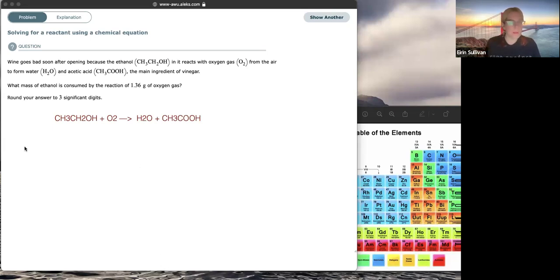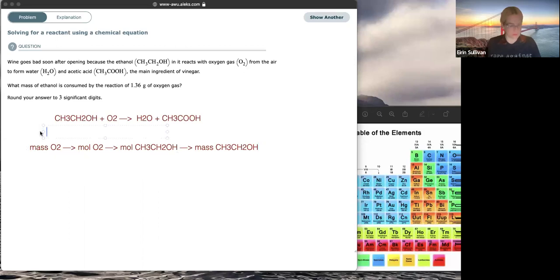So our plan then is we need to go from mass of O2 to moles of O2 to moles of what we were asked for, the ethanol, that's the CH3CH2OH, to the mass of ethanol, CH3CH2OH. So we're going to need mole ratio, we're going to need molar masses.